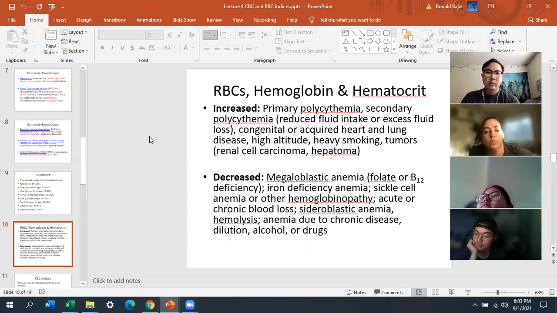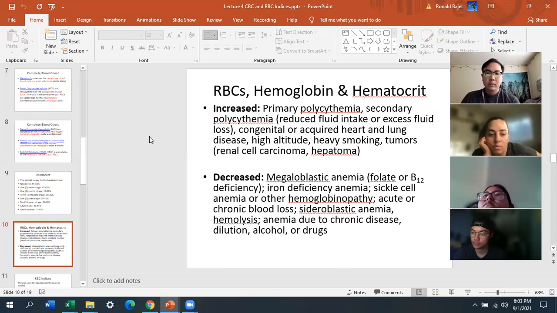Or you can have secondary polycythemia. And secondary polycythemia is actually a false polycythemia, and it's caused by reduced fluid intake. So if you don't drink enough water, then you don't have enough fluid. So therefore, your RBCs will appear to be increased because you have excess fluid loss.